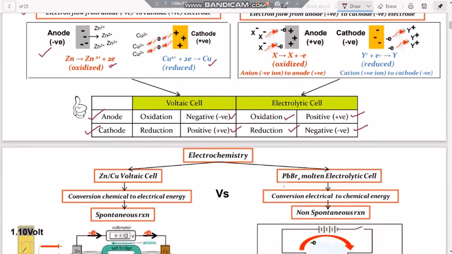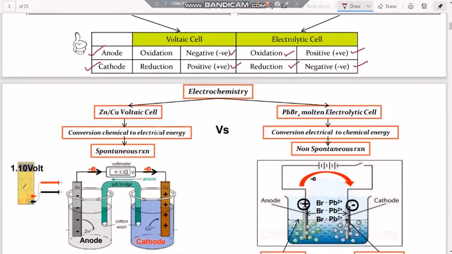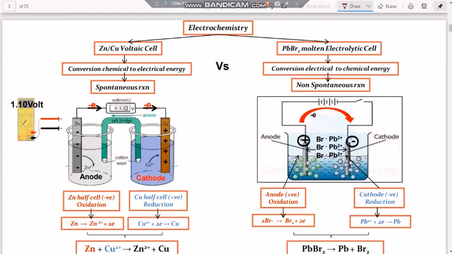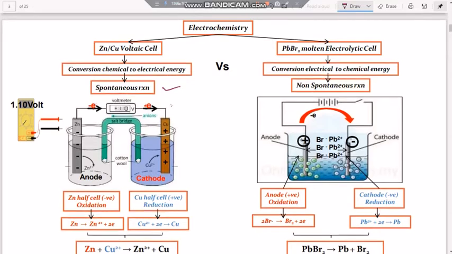Let us see the zinc copper voltaic cell in a different manner. That means the conversion of chemical energy to electrical energy takes place. We said it is a spontaneous reaction, and in this spontaneous reaction, the energy generated is 1.1 volts electromotive force.